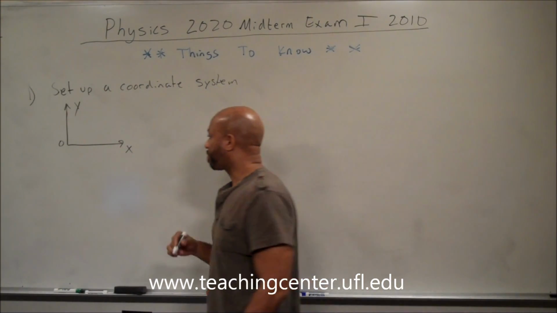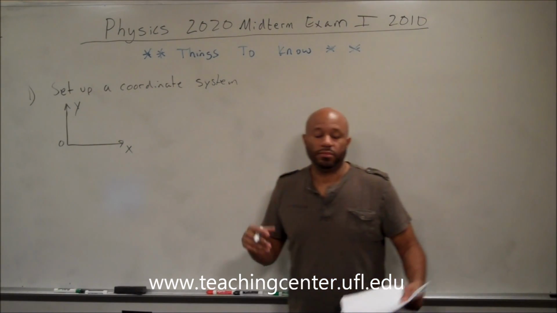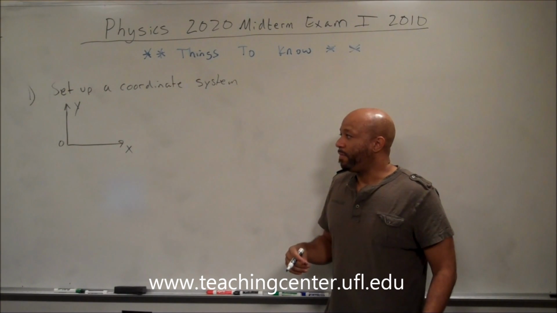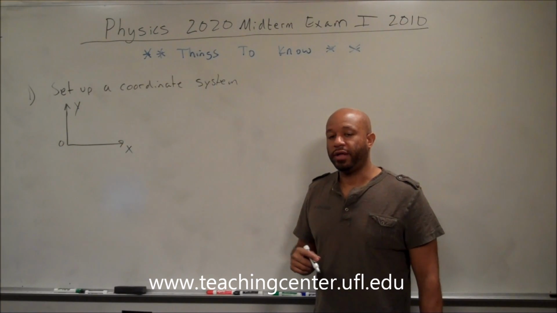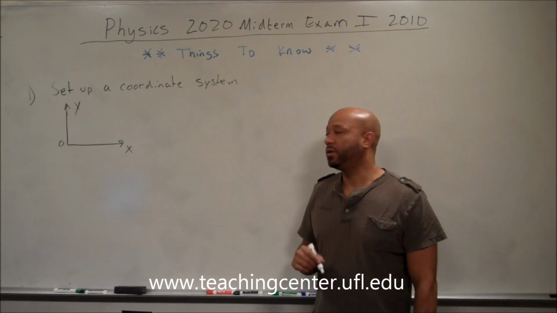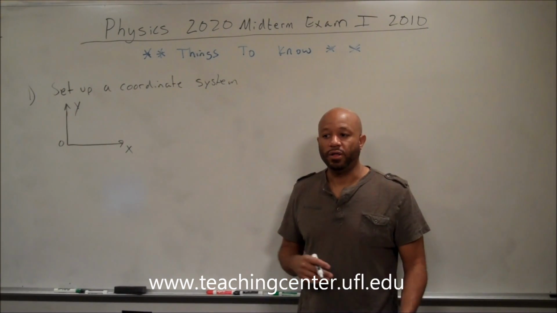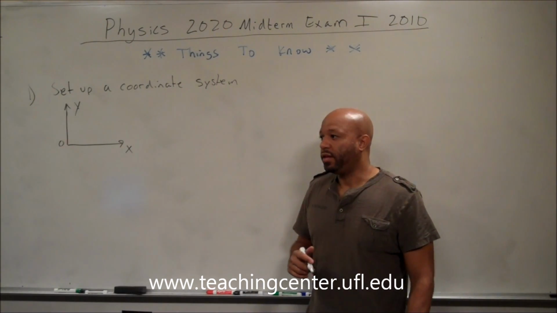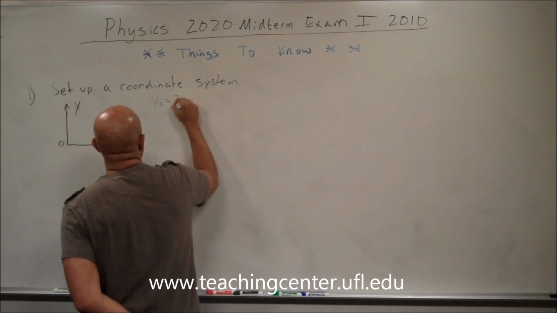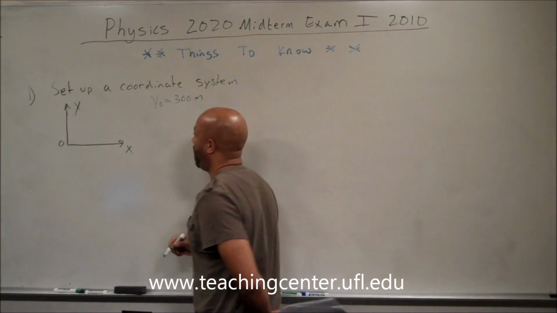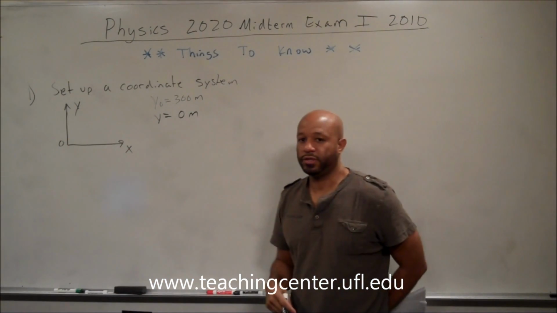So, for example, if this is the coordinate system, and I'm starting at an initial height of 300 meters, and I want to find the time for an object to fall to the ground, then my initial height would be equal to 300 meters, and my final height would equal 0 meters since I want it to hit the ground.